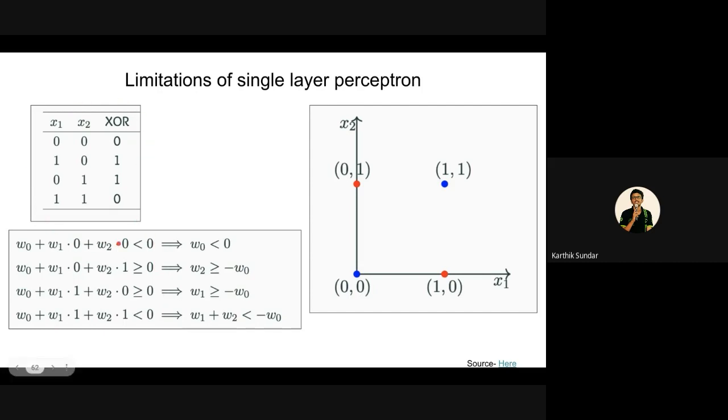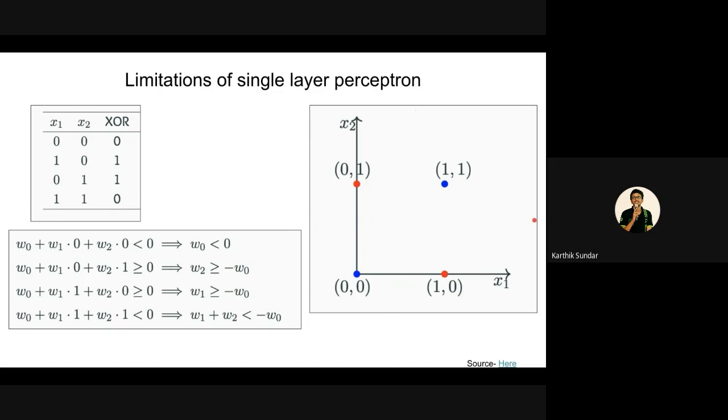Putting it in a geometric perspective, these are the negative points: 0 comma 1 and 1 comma 0 are the red points, and 0 comma 0 and 1 comma 1 are the blue points. So we need a line to classify these two, but no line can divide this plane.